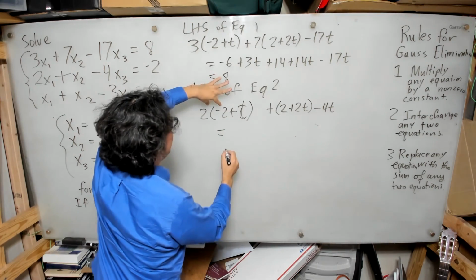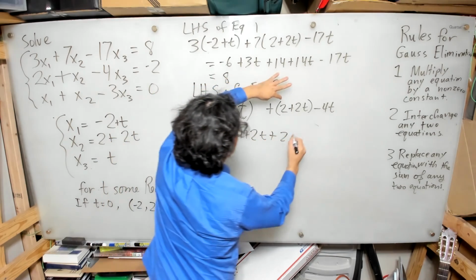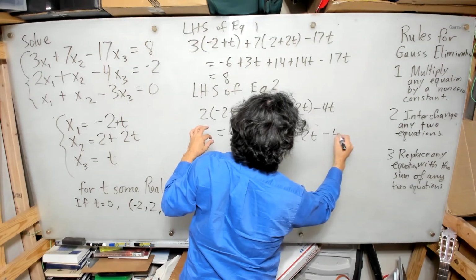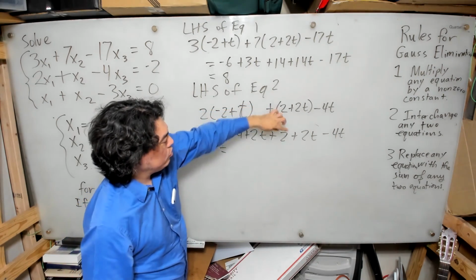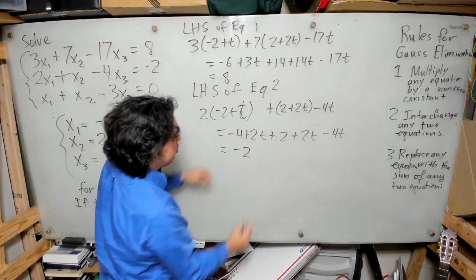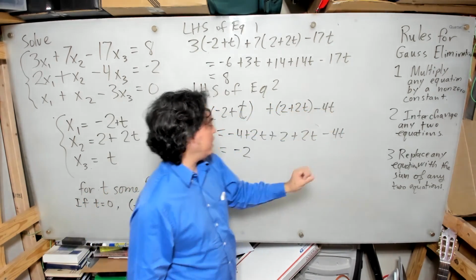So I'm going to simplify this. It's going to be negative 4 plus 2t plus 2 plus 2t minus 4t. Negative 4 plus 2 is negative 2. 2t plus 2t, that's 4t, minus 4t, that's 0.